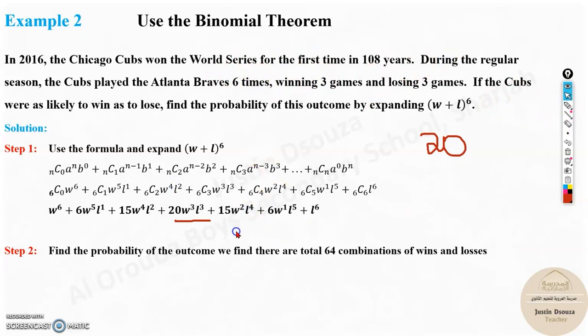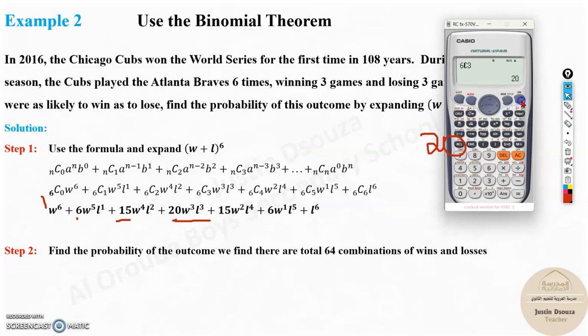But what is the total number of possibilities of winning and losing? So what you need to do is add all the coefficients: 1 plus 6 plus 15 plus 20. Let me just do it. You can use your calculators.